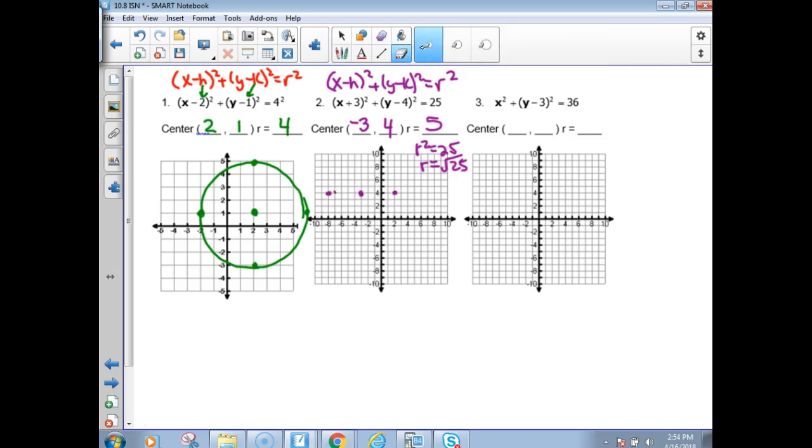I accidentally only went 4 on one of them. Fix that. There we go. And then above 5, below 5. All right, then sketch your circle. Notice a very tight little graph with very small spaces between the numbers.